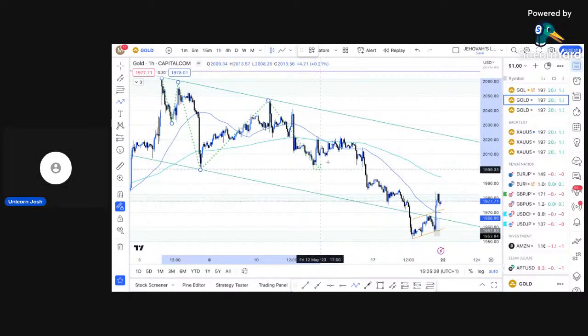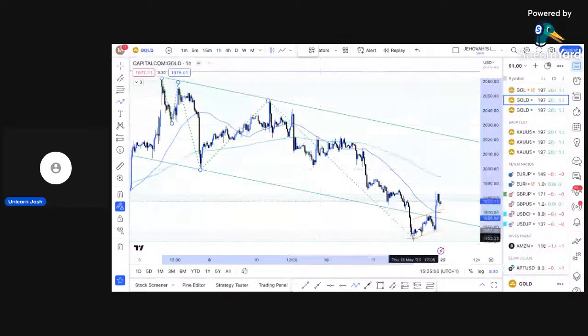Then we have a higher low. That's the one that has the highest momentum.